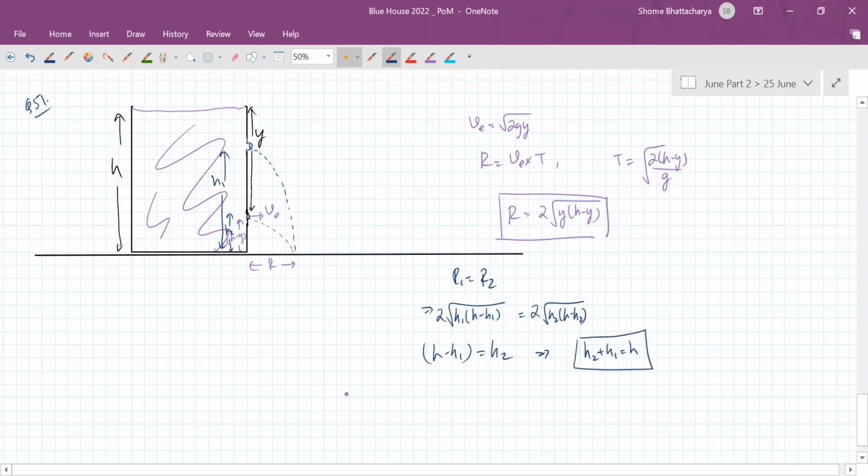Now we also know that the range is maximum, equal to h, for y equal to h by 2.